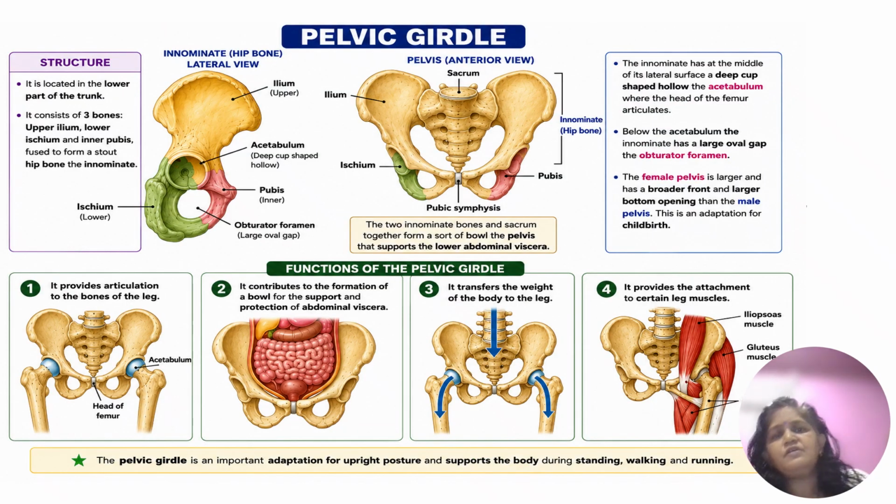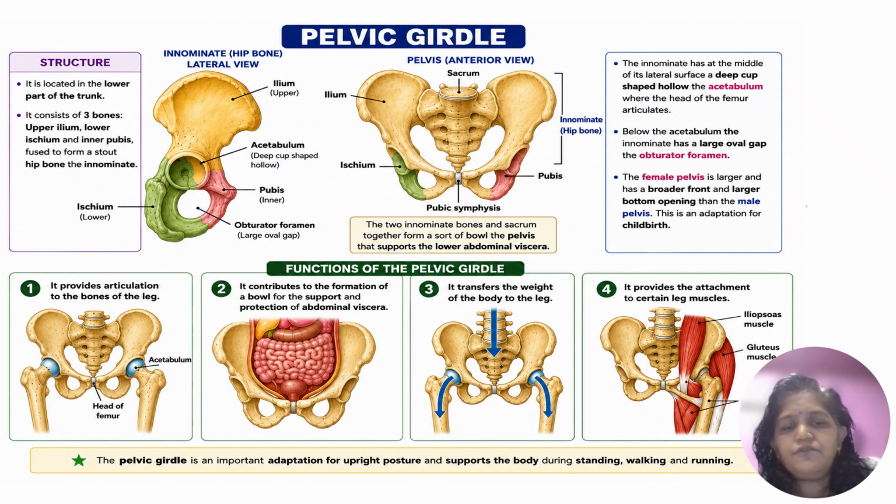Now again, the function of the pelvic girdle. The function of this pelvic girdle is that it is located at the lower part of the trunk so that it is able to bear the whole body, and it provides the articulation to the bones of the leg.